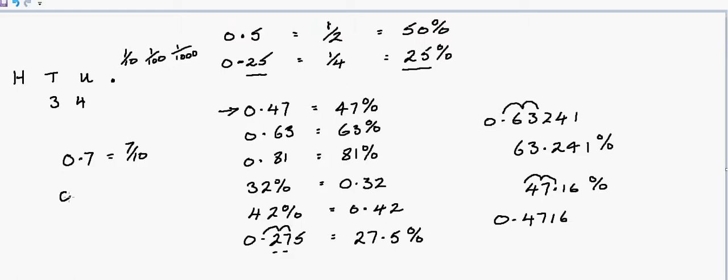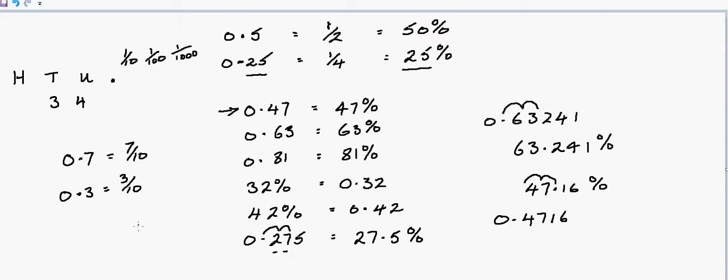So if I've got 0.3, then that will be 3/10, because the 3 is in the tenths row or column.